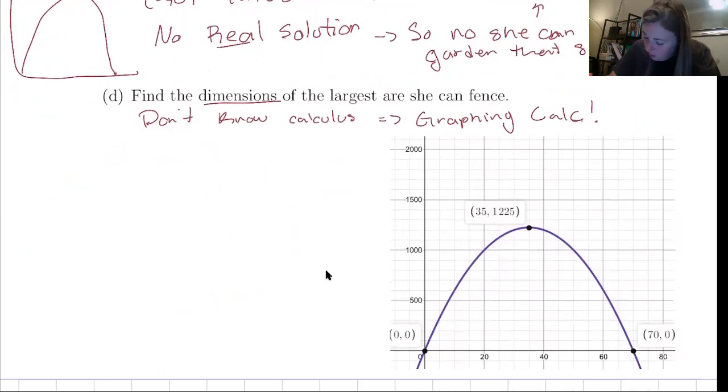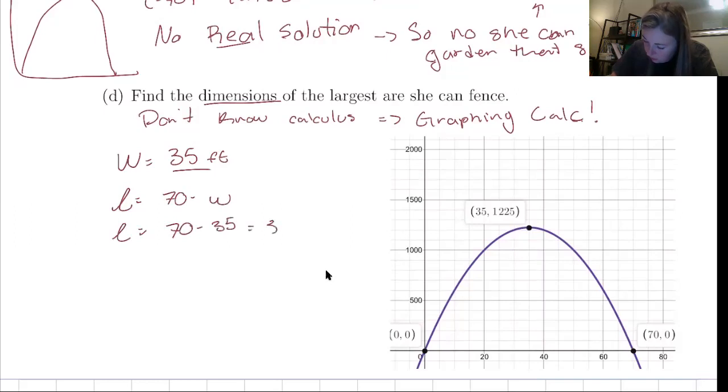So we did this for W, right? So W would equal 35, and don't forget your units, feet. And then what would our length be? Remember that length is 70 minus W. So your length would be 70 minus 35, which equals 35 feet. Oops, not 3 feet, that was crazy. It'd be 35 feet.